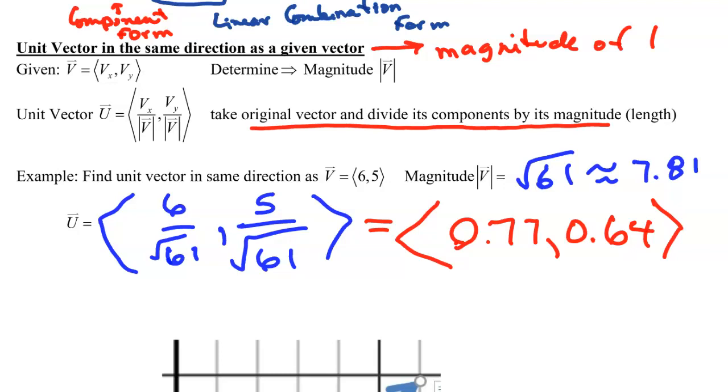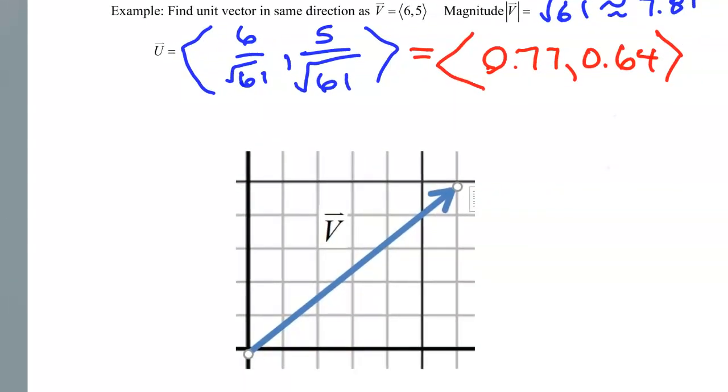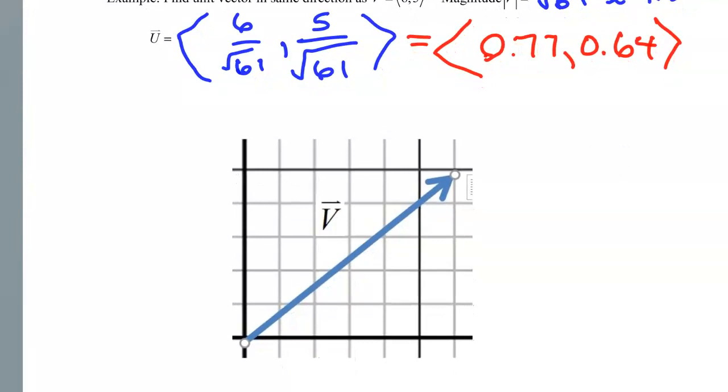Let me show what I mean. Scroll this up. So there's my vector, 0.77, 0.64, and I'm going to draw that. 0.77, 0.64 is right around here. So this red vector is vector u, and its components are 0.77, 0.64.